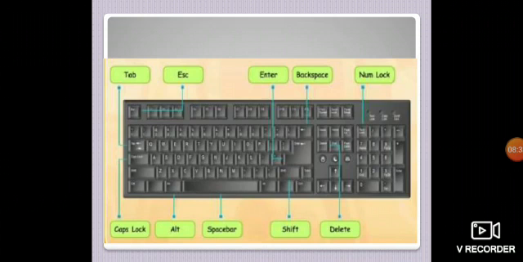It helps in giving space between letters, words, sentences, etc. Alt is also one type of special key, which is used to access the special function of a key. We can use the special functions of the keys with the help of the alt key and the shift key.